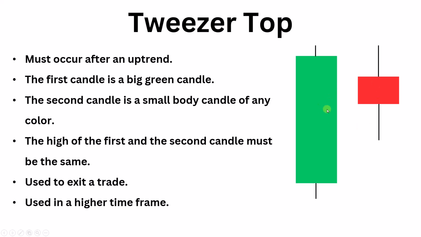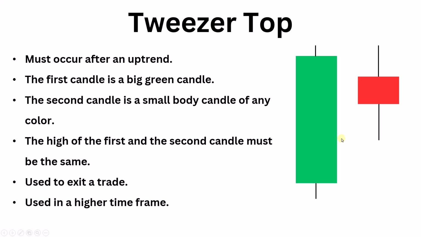We use it to exit a trade. This pattern says that the prior trend is weakening, meaning if we had entered somewhere down below, this is the sign wherein we must take a clue to exit from the trade.